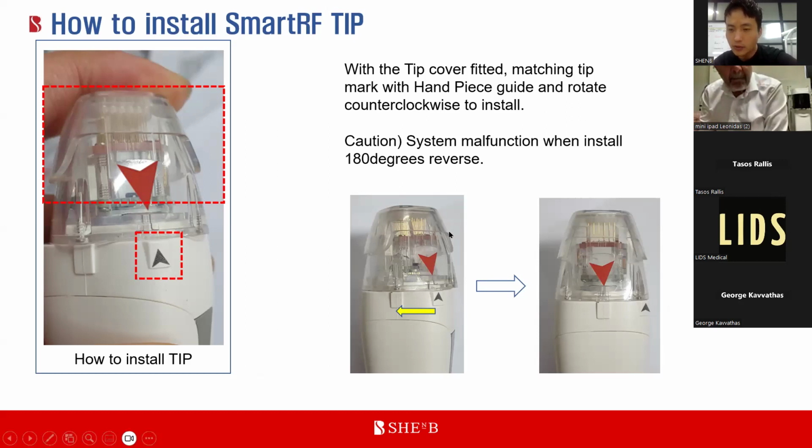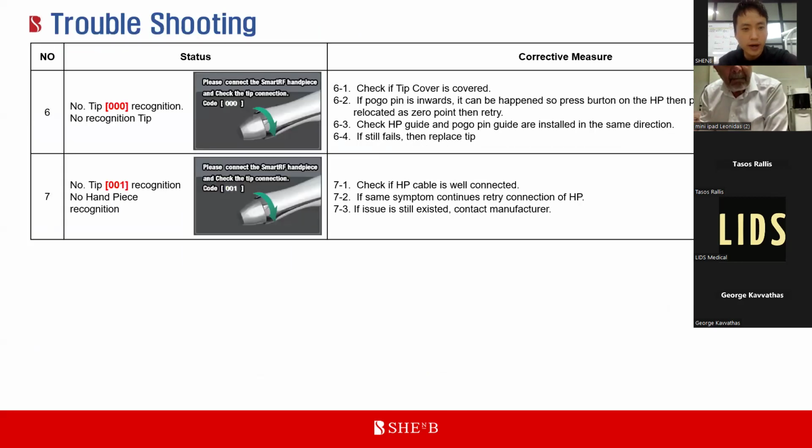Then we will always find this kind of recognition error. Here it says no tip recognition. Almost every time I get a report that the customer says the tip is not recognized, it is mostly this kind of problem.